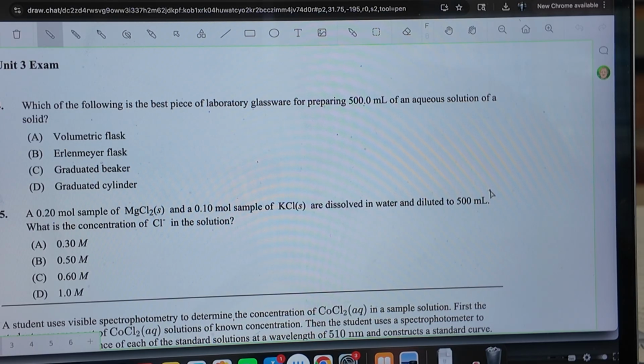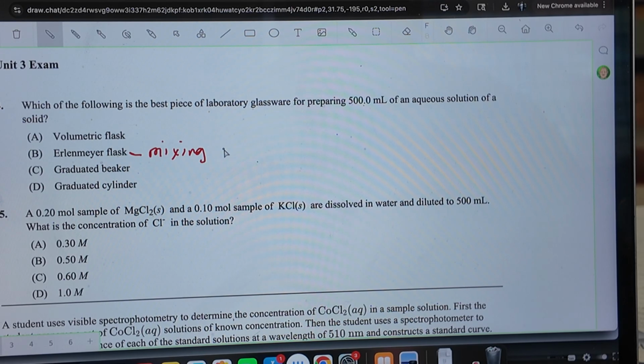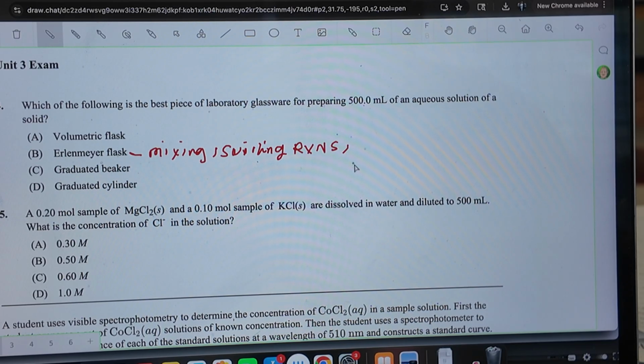An Erlenmeyer flask is more for mixing, good for swirling reactions, not for precise volume.